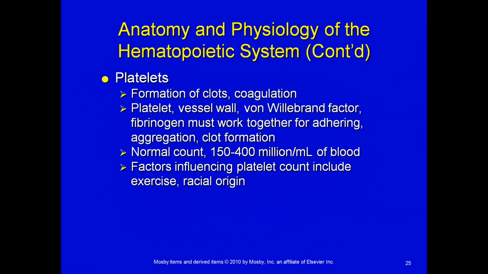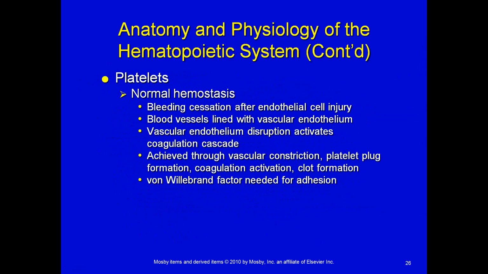Racial origin is referring to certainly the presence of sickle cell anemia, which affects the production of red cells. So racial origin here is again referring to island Pacificers, African Americans, and their either overproduction of platelets or underproduction of platelets.